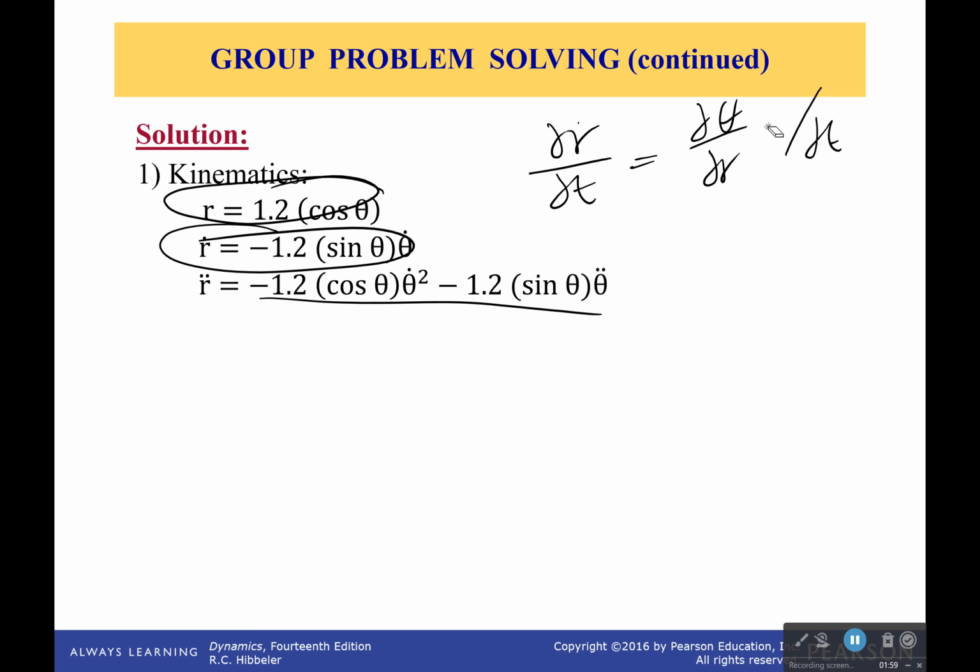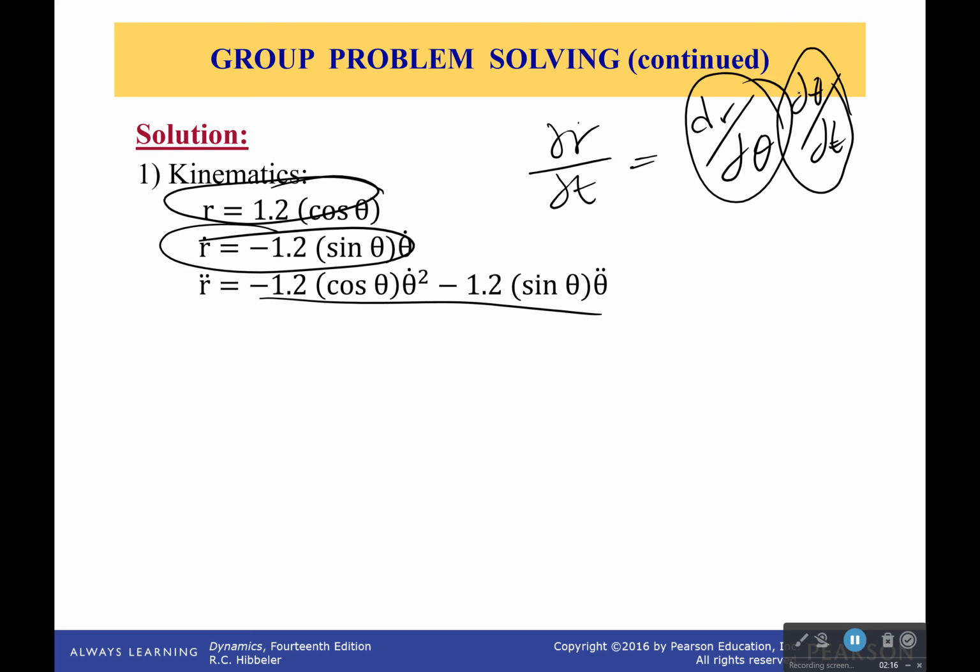Nope, I did it wrong. So dr/dt is the same as dr/d theta times d theta/dt. We take our derivative with respect to theta, and then we multiply everything by our time derivative of theta, which is our angular velocity, which luckily for us is constant.